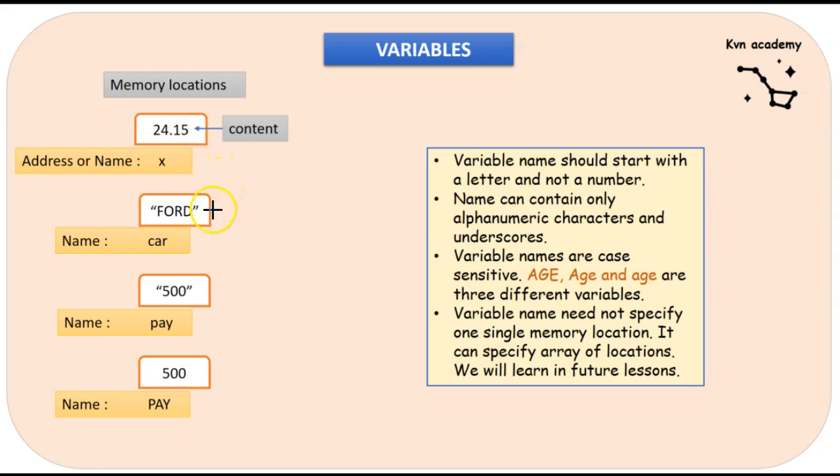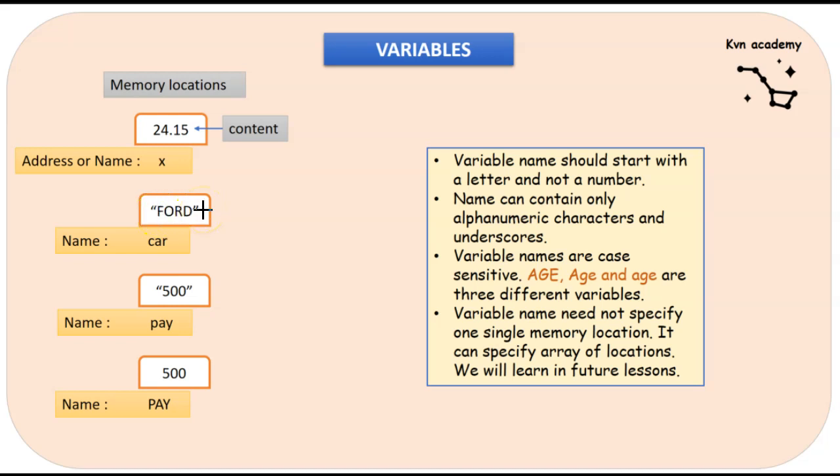Next we go to another memory location. This memory location is given the name car. And here the value "fold" is stored. The value is put in double quotation marks. The double quotation says that this value is a string, not a number.